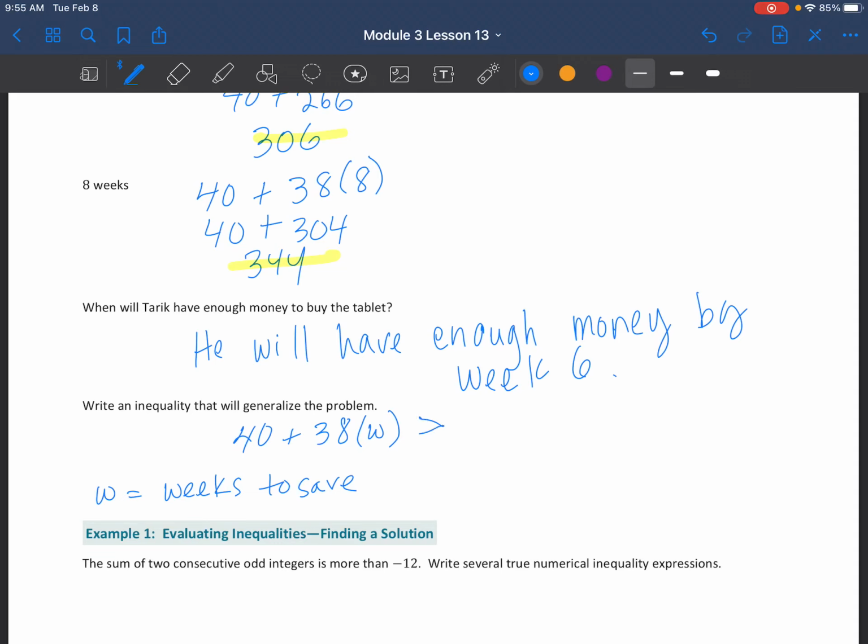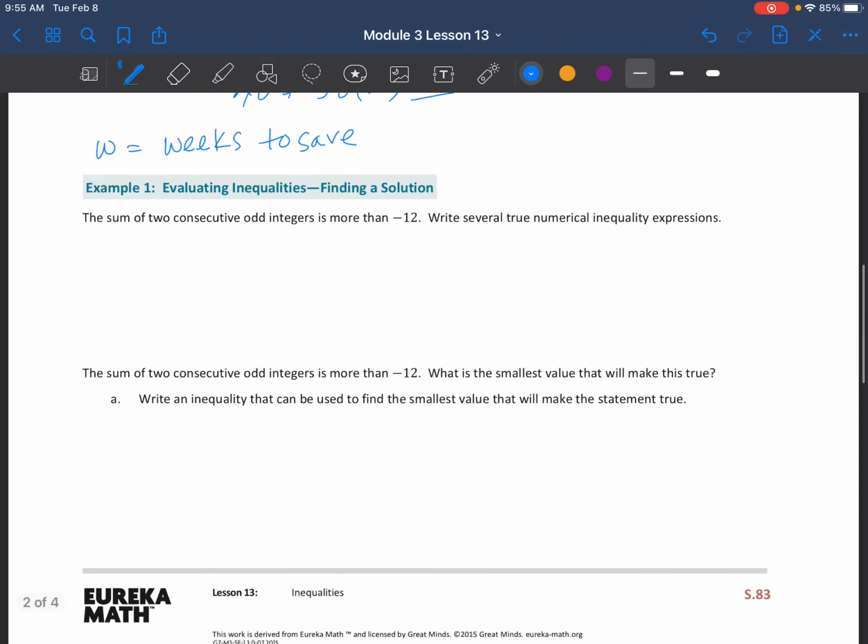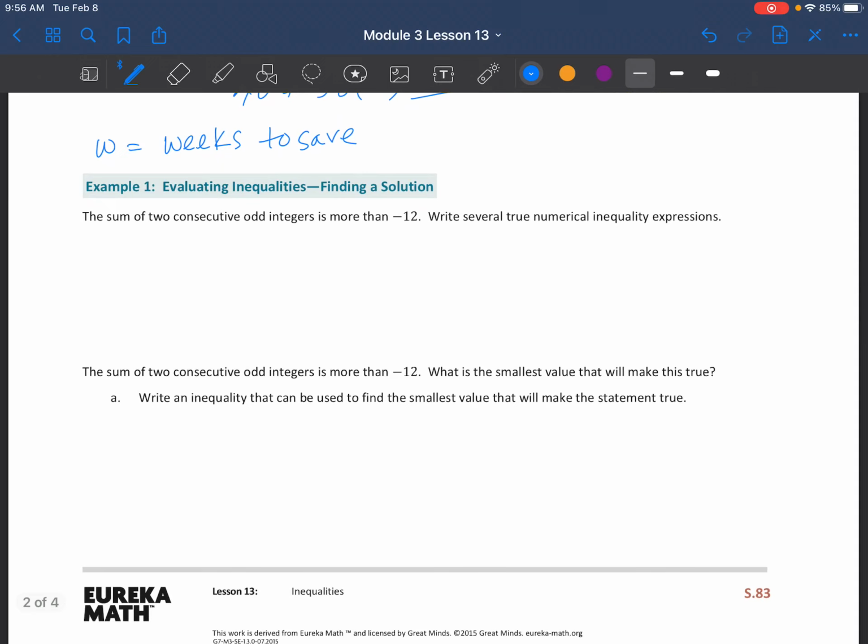But this is not an inequality yet. It's still an expression. Now, he can save enough money that's exactly the amount, right? So we could say that what he has to save has to be greater than, but it can also be equal to $265.49. There is our inequality.